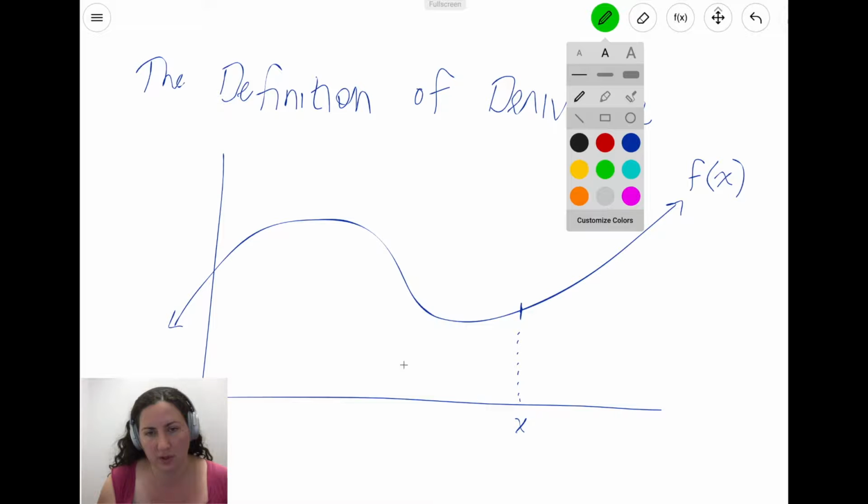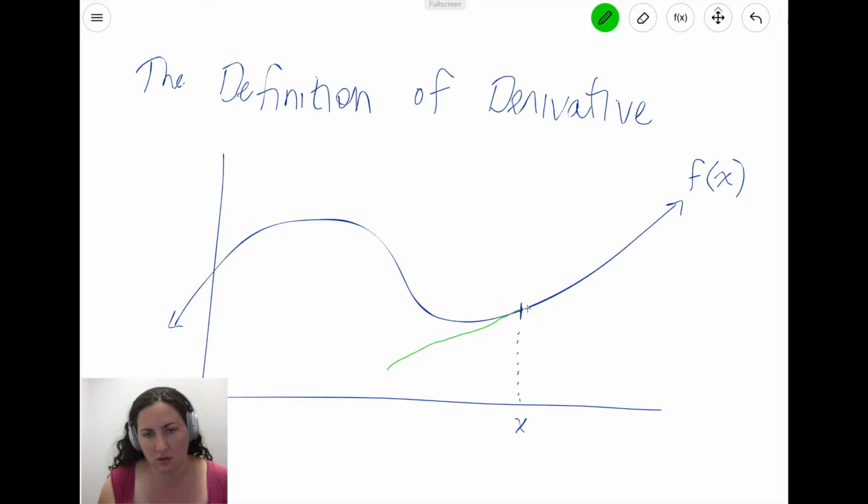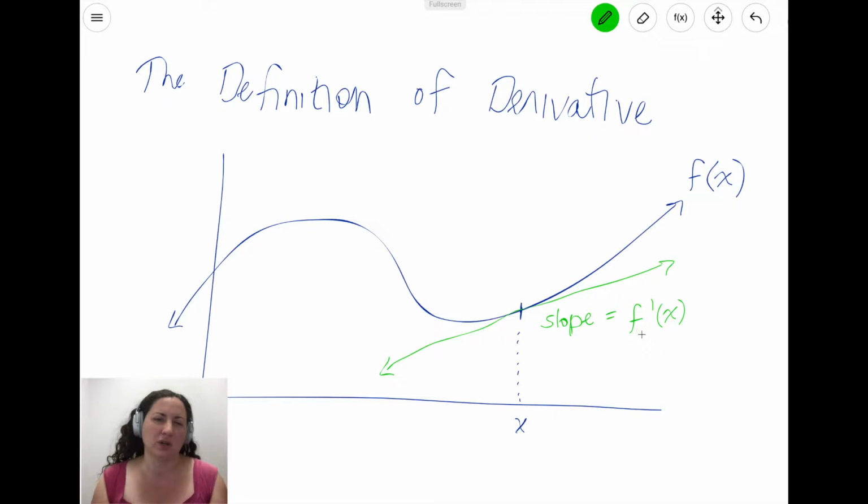So if I were to draw that in, something like this, we're going to say that the slope of this tangent line is equal to the derivative at the point x. That's what we're trying to calculate.